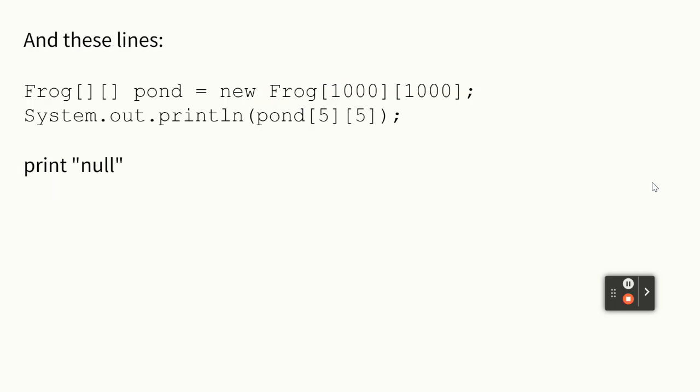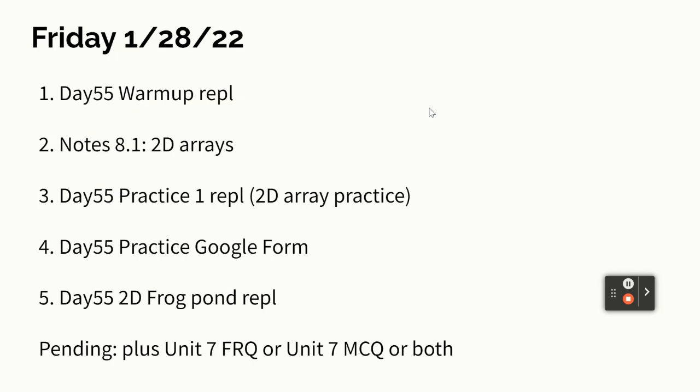And for these lines, if I print one of them, it prints null. Isn't that inspiring, to think about a 1,000 by 1,000 array of frog objects? Just think of the possibilities. It gets my attention.